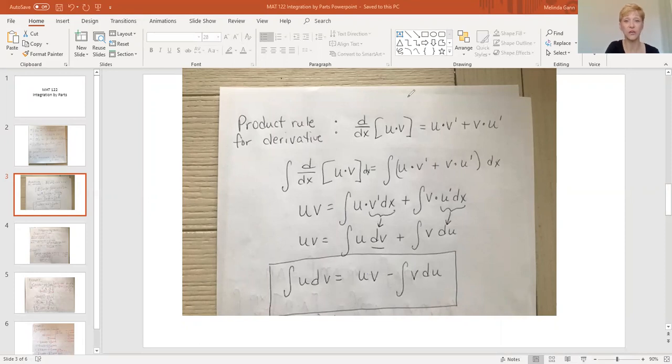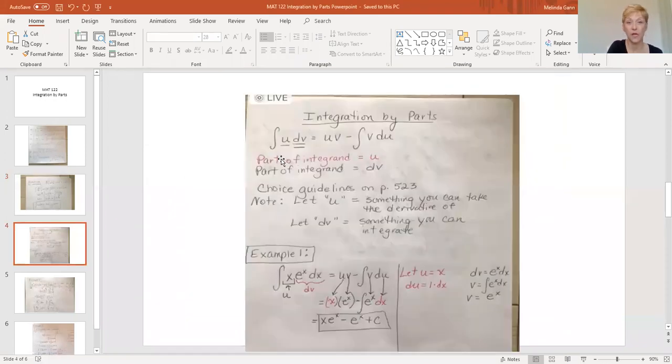Now, how do you use that? All right, well, let me show you. Okay, here we go. There's that formula. I just wrote it out again. Okay, so the integration of u dv is uv minus the integration of v du. So what happens is, when they give you a problem, you're going to let part of your integral be u, and you're going to let the other part that's left over be dv.